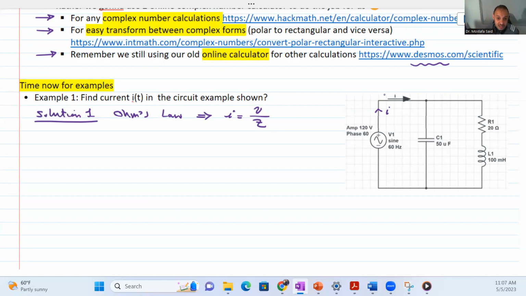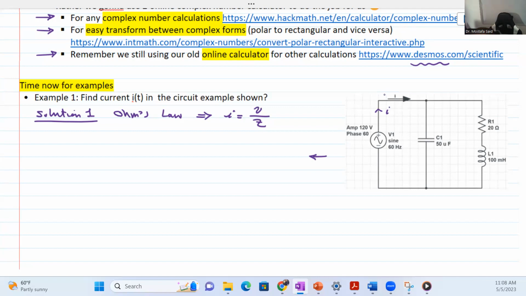So we have to find Z. Look at this circuit here. You have three branches. One branch contains the source, and of the other two branches, one is a capacitor, and another is an inductor and a resistor. So, second tip, as we learned in this lecture: just redraw the circuit in terms of impedance.